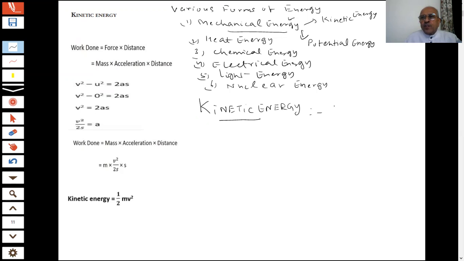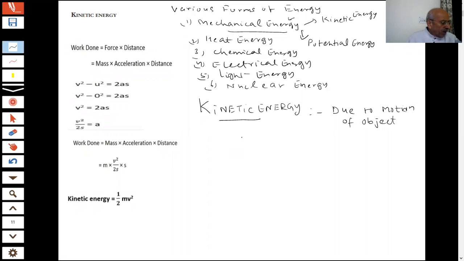Kinetic energy is due to what? Kinetic means due to motion, due to motion of the object. Any object which is moving, we say it has kinetic energy.